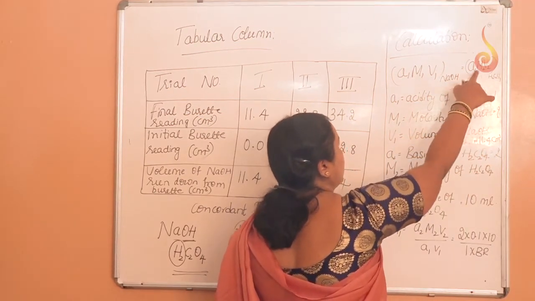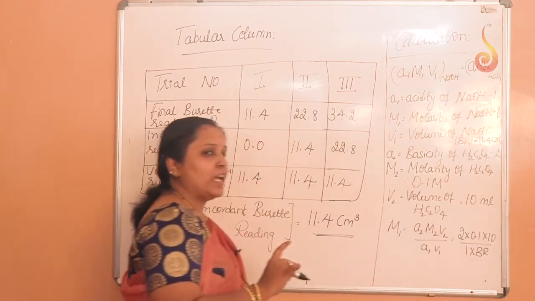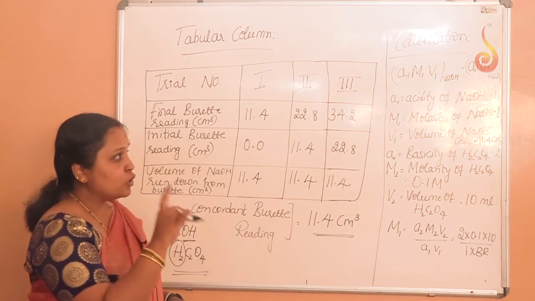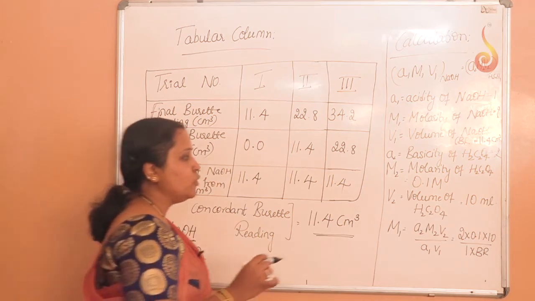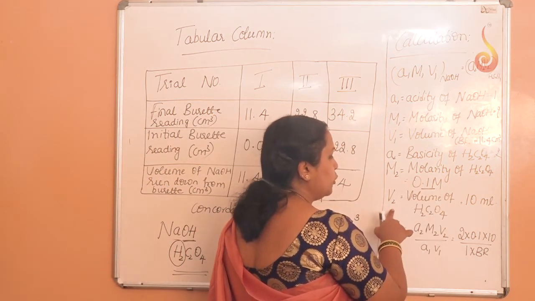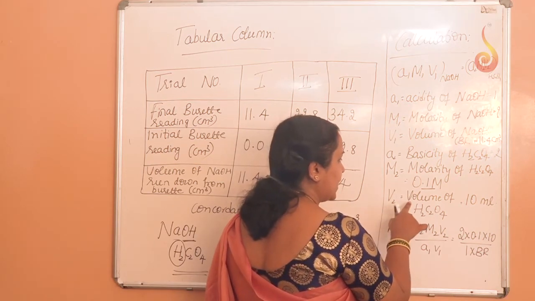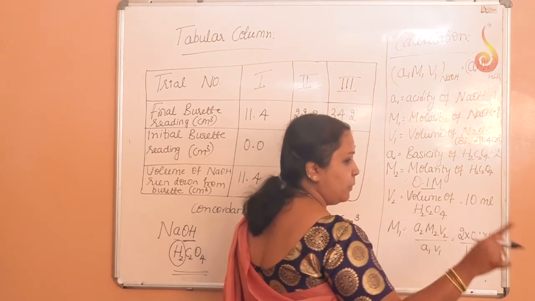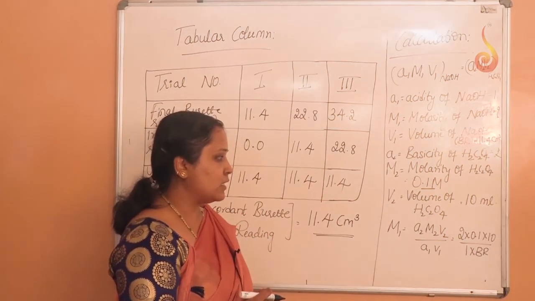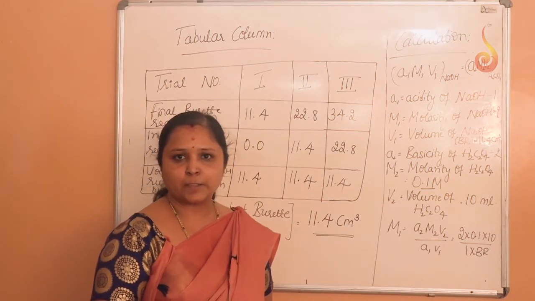Then M2 is the molarity of oxalic acid. In the beginning, the standard solution, oxalic acid, its concentration is 0.1. V2 is the volume of oxalic acid, which is 10 ml. We pipetted out exactly 10 ml of oxalic acid solution during the experiment.